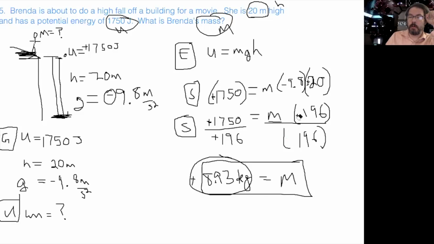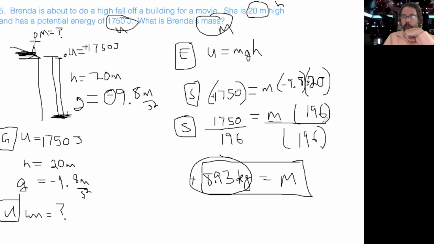So personally, based on the setup of this problem, here's how I would consider this. She is on a building which is above the ground, positive ground, so the energy has to be positive, which means the change in her height will wind up being a negative change in height.